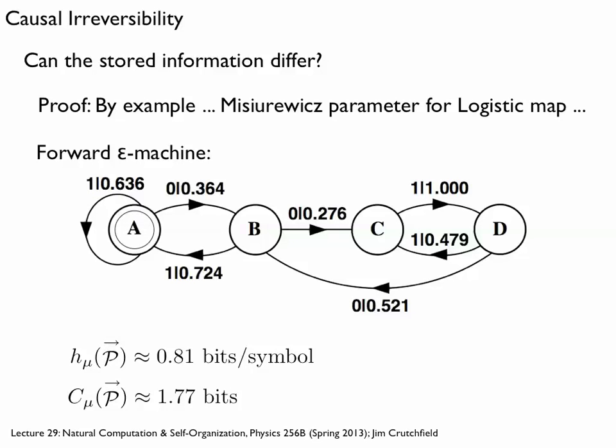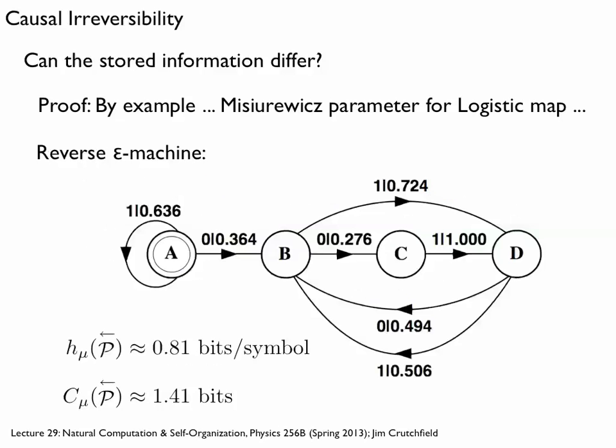In the forward direction, the direction in which I'm iterating the map, I get 4 causal states, no transient states. It's about 0.8 bits per symbol per step of entropy rate, and about 1.8 bits of stored information. In reverse, we had 3 recurrent reverse causal states and 1 transient state.